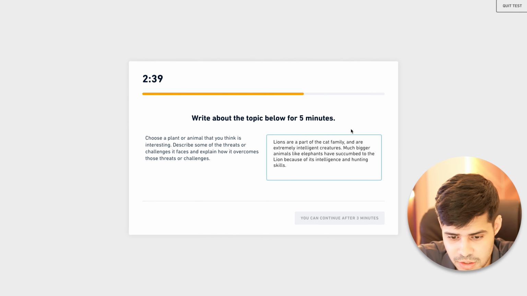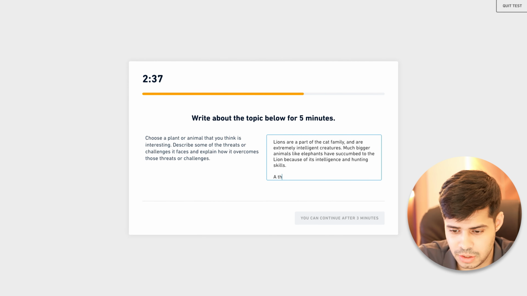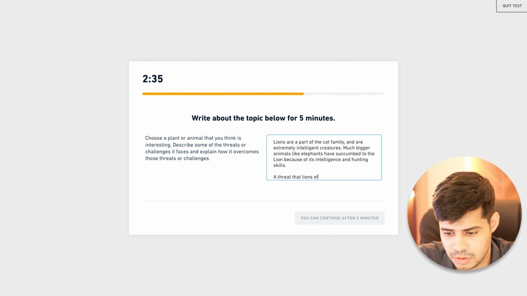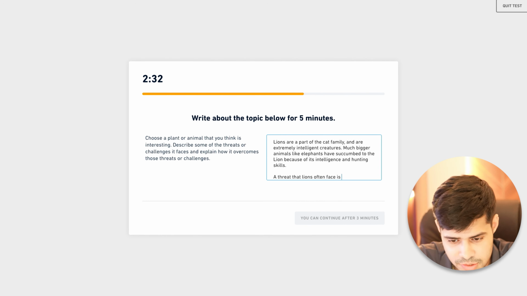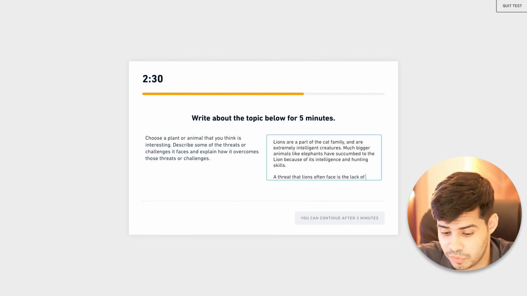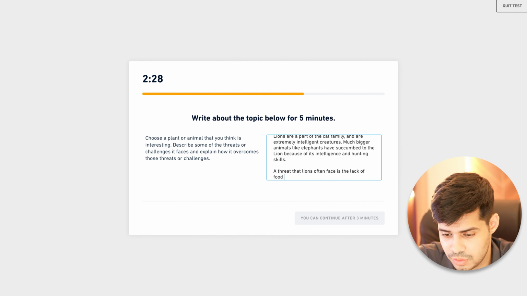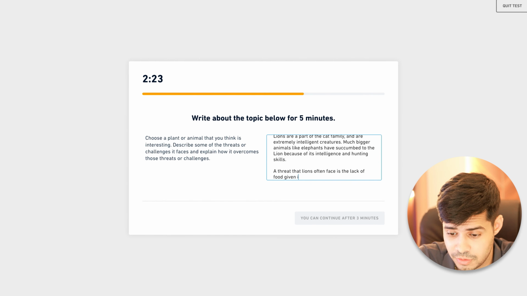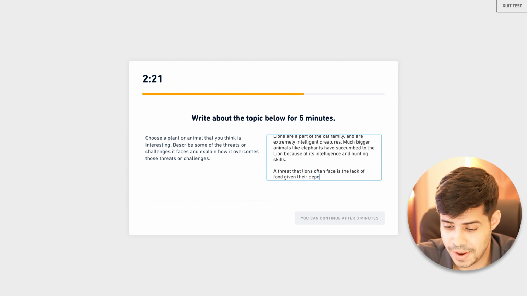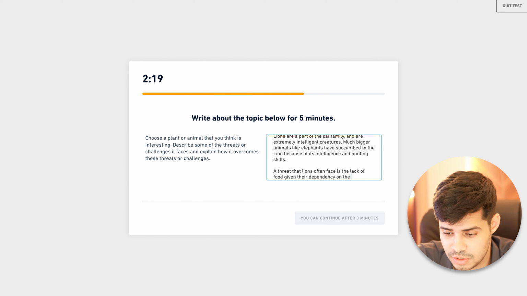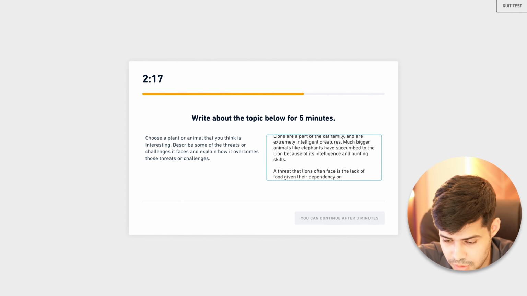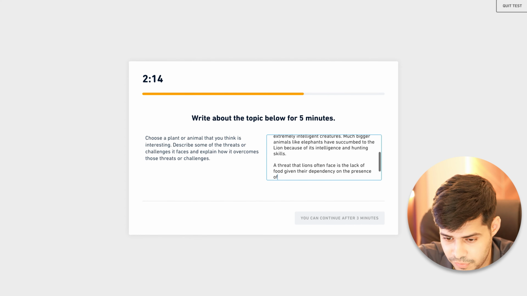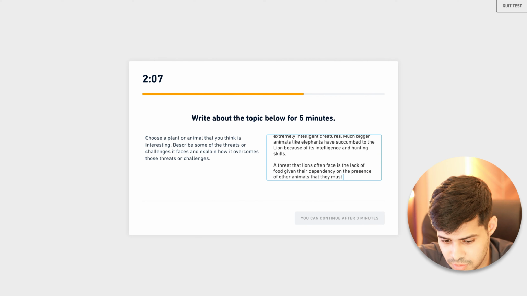Okay, let's see. What else can we say? A threat that lions often face is the lack of food, given their, remember it's plural, so given their dependency on the presence of other animals that they must prey on.